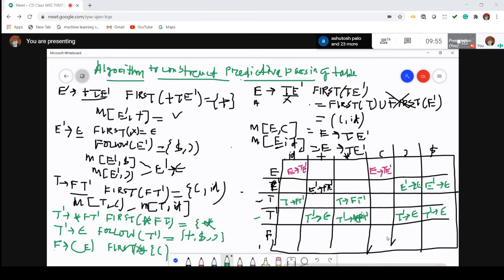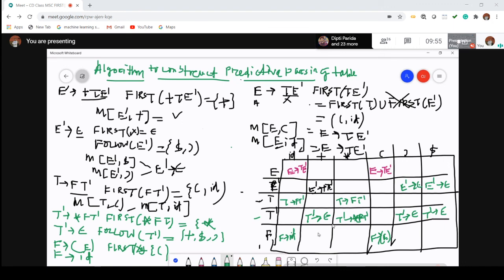So in place of the left parenthesis, I have to write the production F to bracket of E. Then another production is F to ID. First of ID equals ID itself, so in this place I have to put F to ID. Now all the productions are completed.